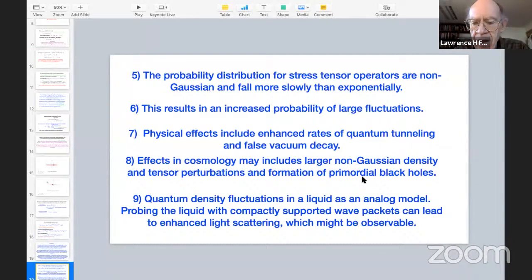So in this case, this is not so much an analog model for gravity as it is an analog model for relativistic quantum fields, namely where the density of the fluid is behaving like a relativistic quantum field. So phi dot, the time derivative of scalar field, is very much like the electric field.